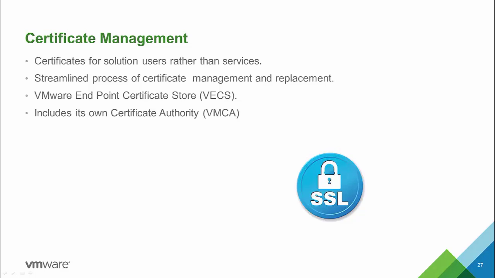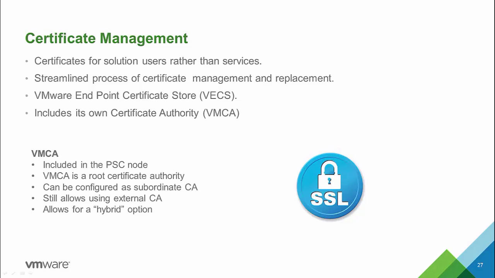Also, vSphere 6 introduces its own certificate authority in the form of the VMCA. The VMCA is included in the Platform Services Controller node, and it serves as a full root certificate authority. It can be, of course, configured to work as a subordinate certificate authority, so it can issue subordinate certificates to an organization's root certificate, or if you don't want to use the certificate authority, you can always use your own external certificates, so the use of VMCA is not mandatory.